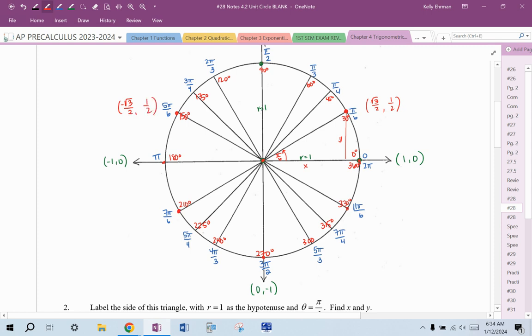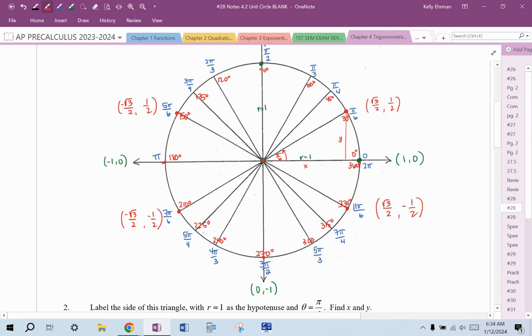And down here at 7 pi over 6, if you reflect that across the x-axis, the x-coordinate's still negative in quadrant 3, and the y-coordinate's also negative in quadrant 3. And finally, at 11 pi over 6, the x-coordinate is positive over here because you're to the right of 0, 0, but you're down below the x-axis, so negative 1/2. So we did some trig to figure out the first pi over 6 angle, and then we knew the others just by working with symmetry and knowing about points in each quadrant.